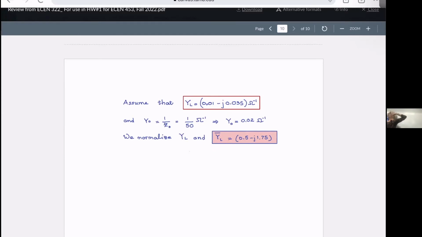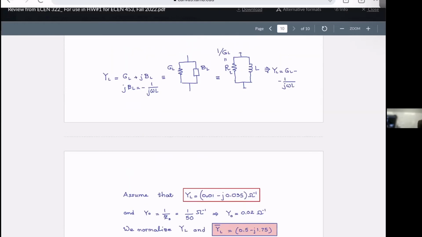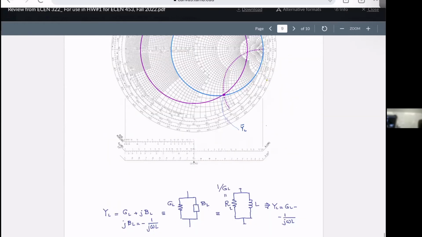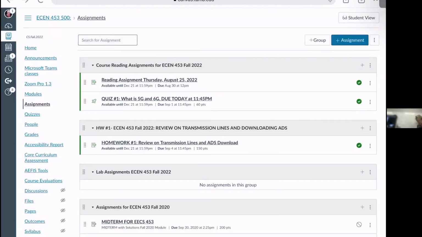So as you work on your homework, read these very carefully. Look at the personal notes that you have from 322 that may feel more familiar, and use those to help yourself with the homework. It's also important, and that's why I gave you the homework, that you remember this, because when we go to transmission lines, these things will be critical for Tuesday.